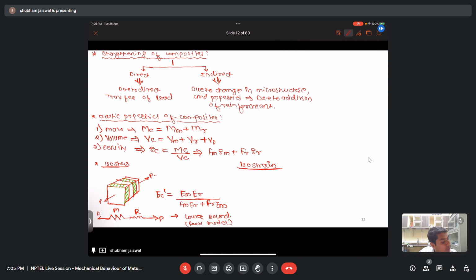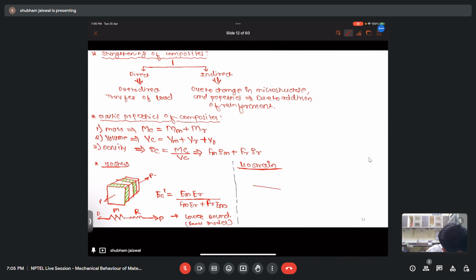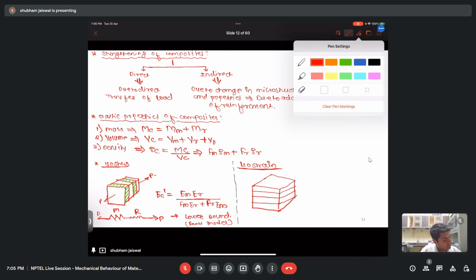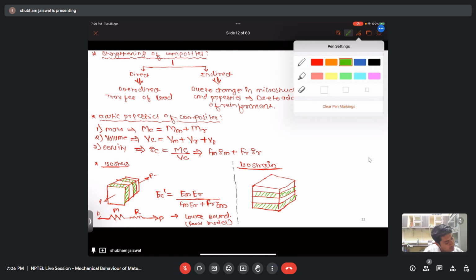Then we have the second condition, that is the isostrain condition. Okay, so let's say this is my composite and it is loaded like this.